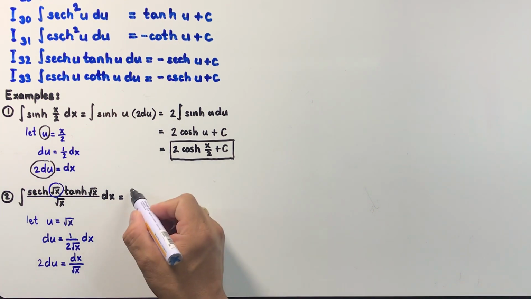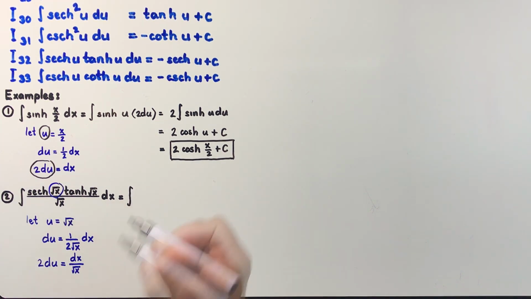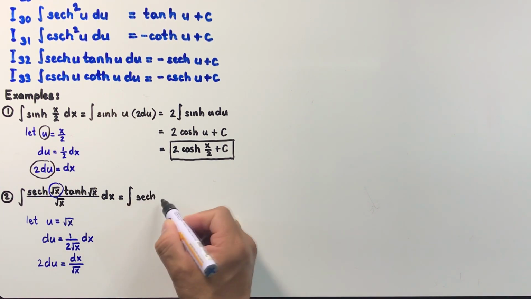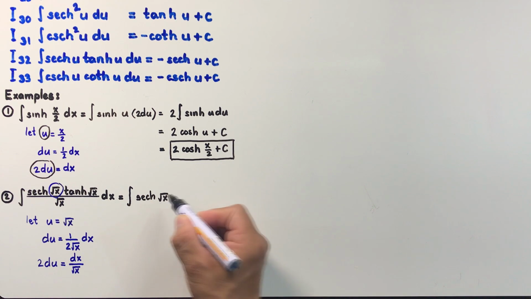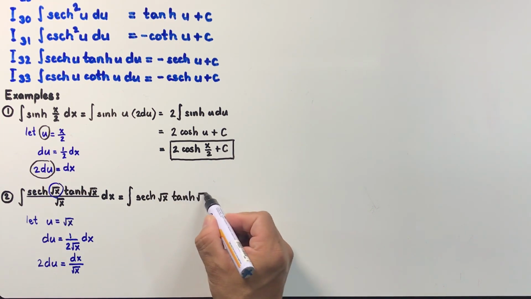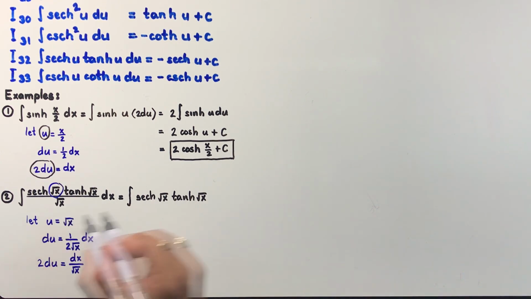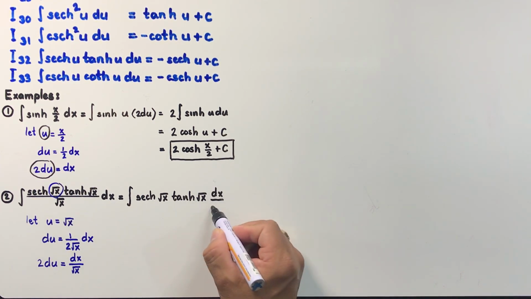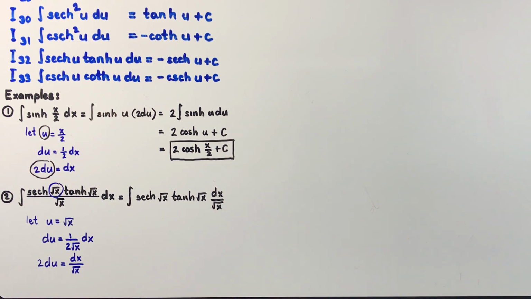So therefore, we can rewrite this integrand as the hyperbolic secant of the square root of x times the hyperbolic tangent of the square root of x, and this square root of x will be the denominator of our dx here.